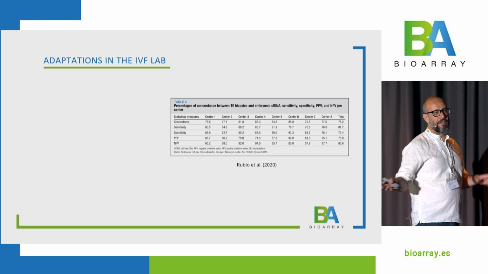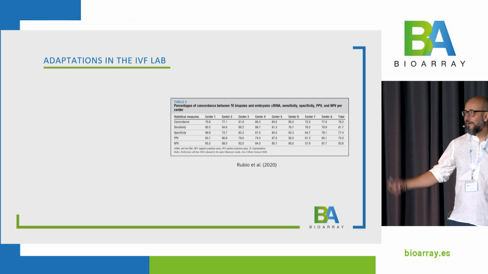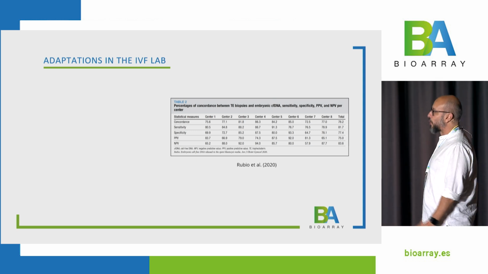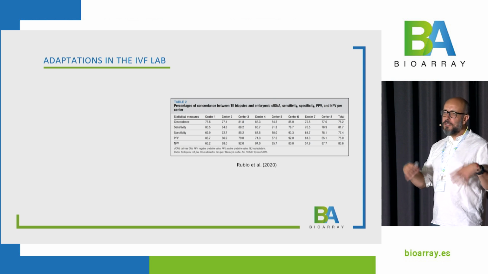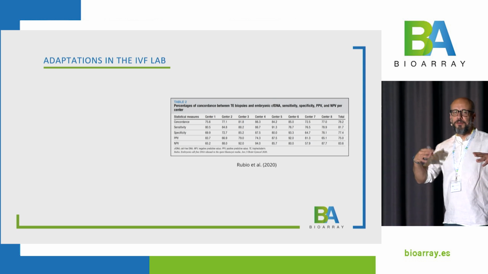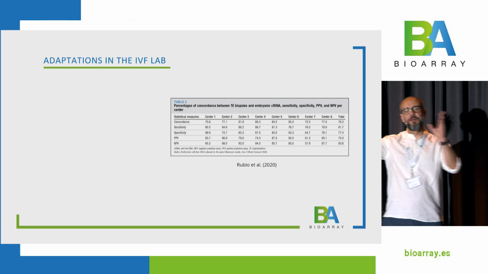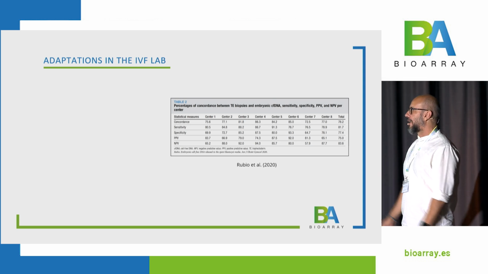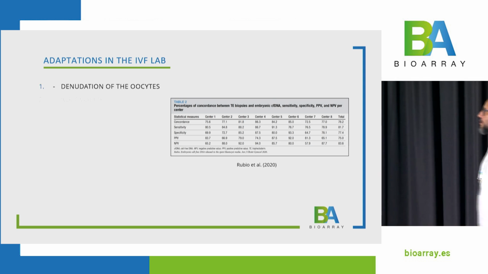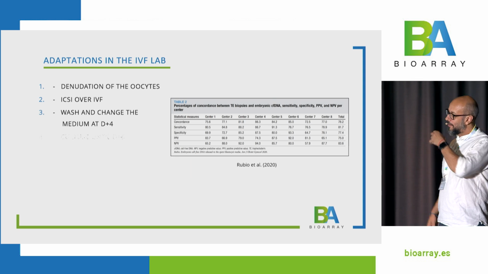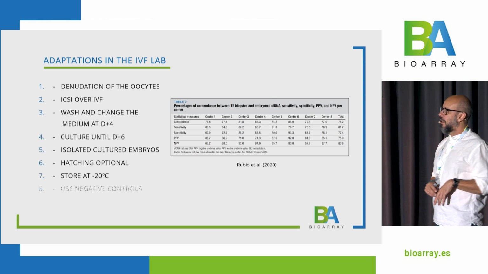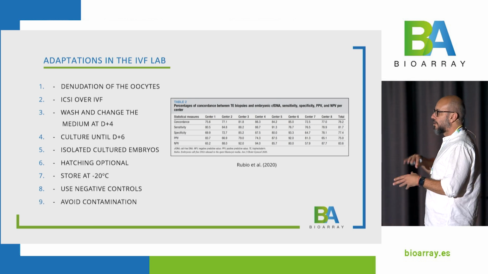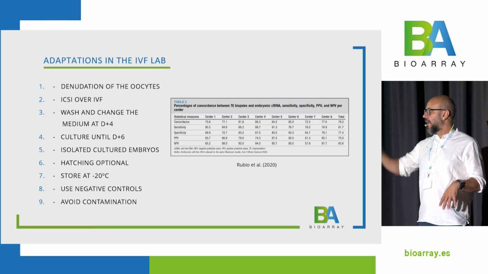And she had a very clever solution for our problem, that was to say that it wasn't the problem of the genetic lab, it was a problem in the IVF lab. So they suggested some modifications in the procedure in the IVF lab to get good results and to remove the maternal contamination.